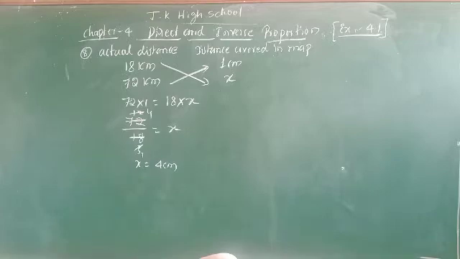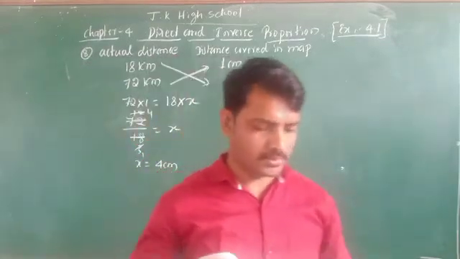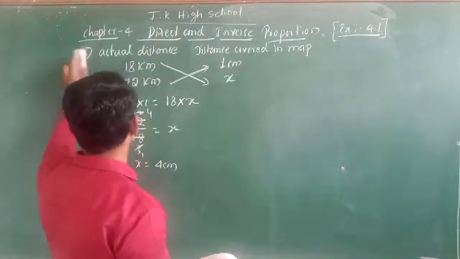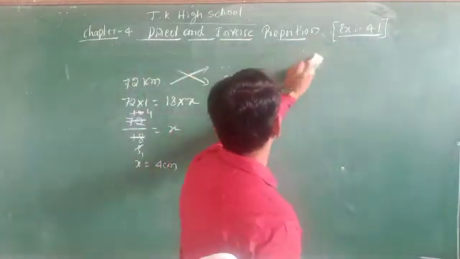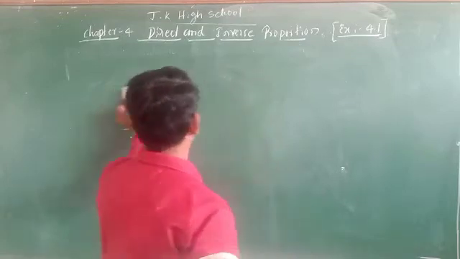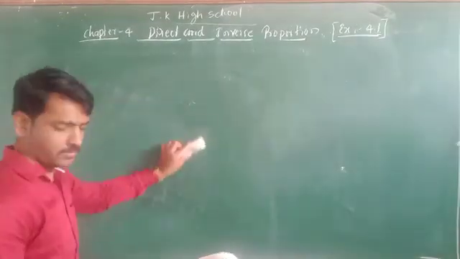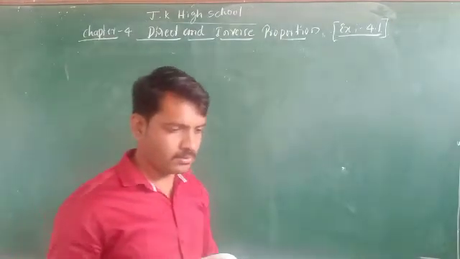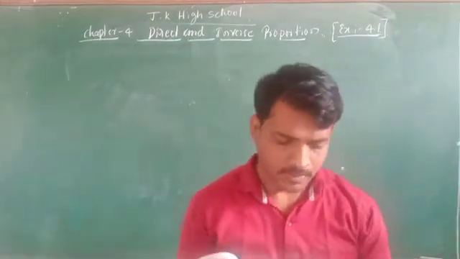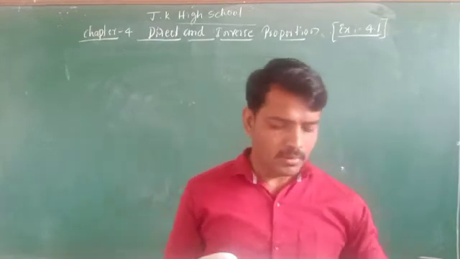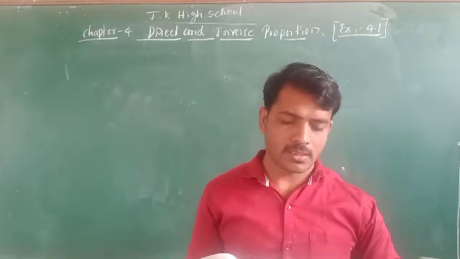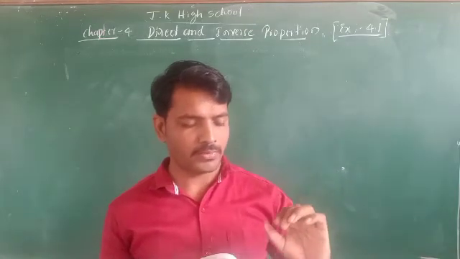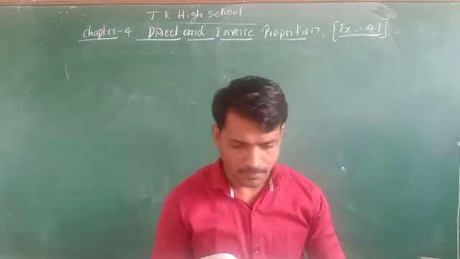Okay, so let us solve question number 9. A 5 meter 60 centimeter high vertical pole casts a shadow of 3 meter 20 centimeter long.